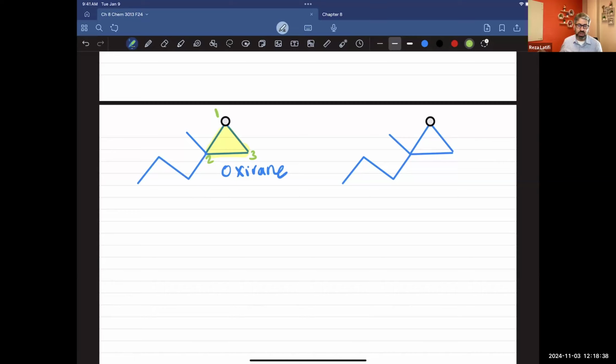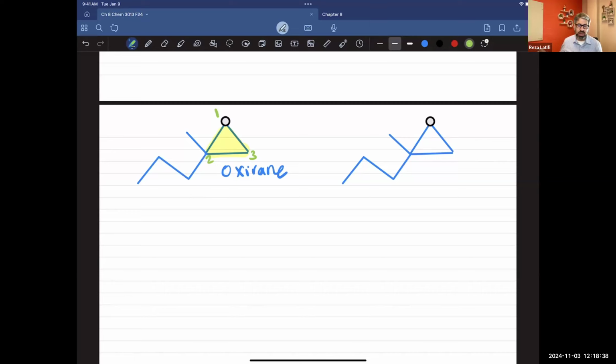Let's see which one is going to be the first one. Let's write them: ethyl, and then epoxy, and then methyl. So we should go with epoxy instead of ethyl.